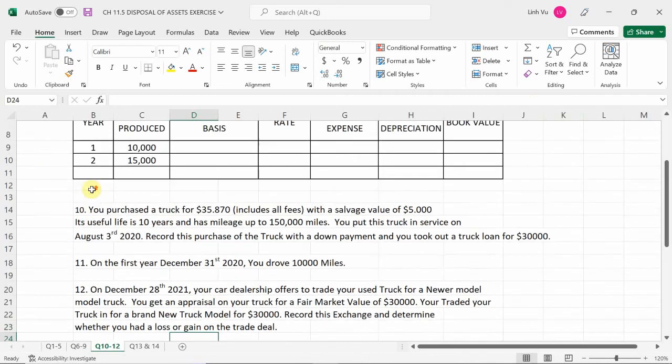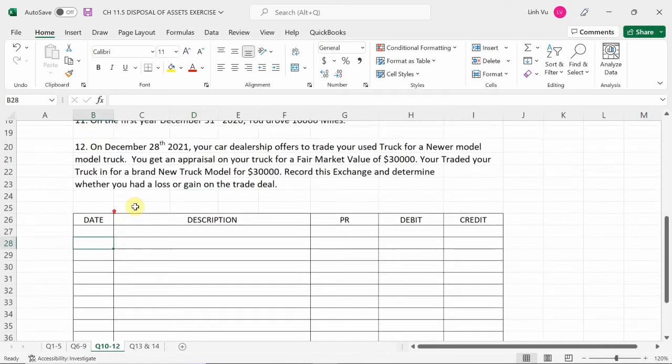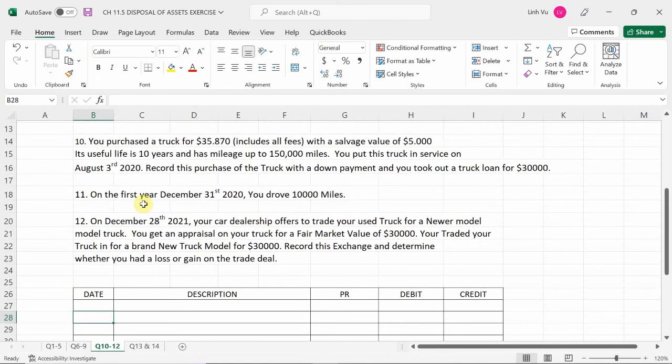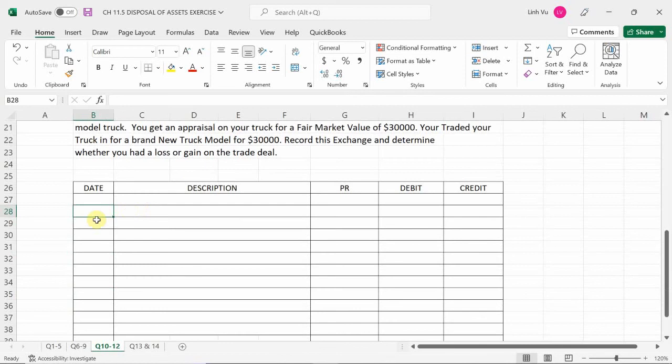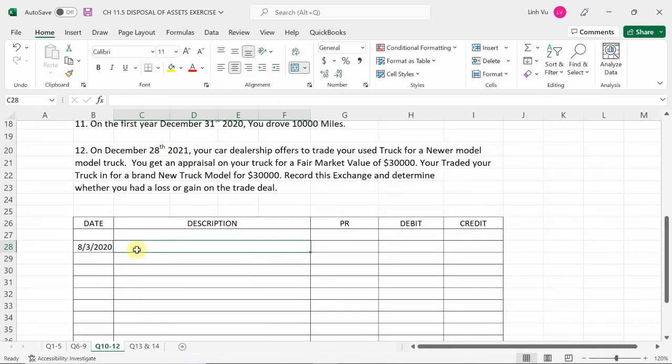Okay? So let's go ahead and record that we purchased this truck on August 3rd, 2020. We made a down payment and we took a loan out for $30,000. Okay, so let's go ahead and record that. So what did I buy? A truck. We bought a truck.